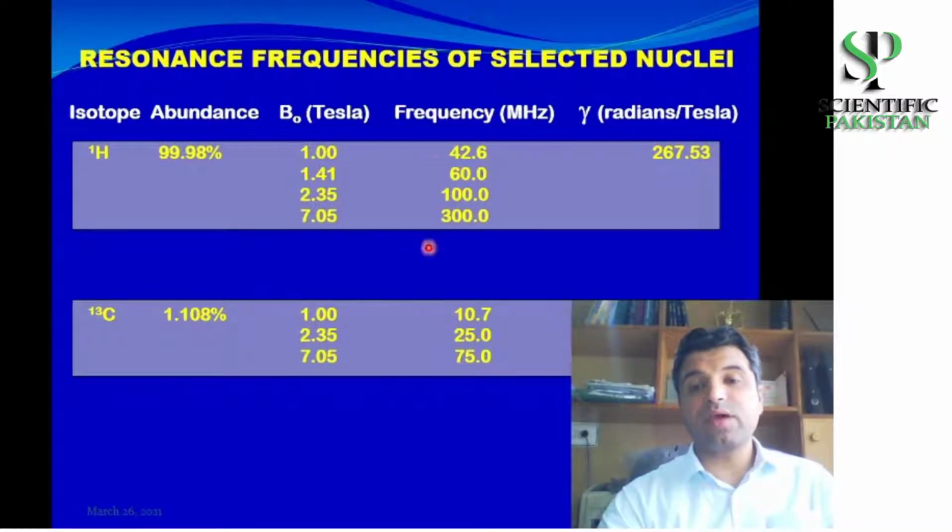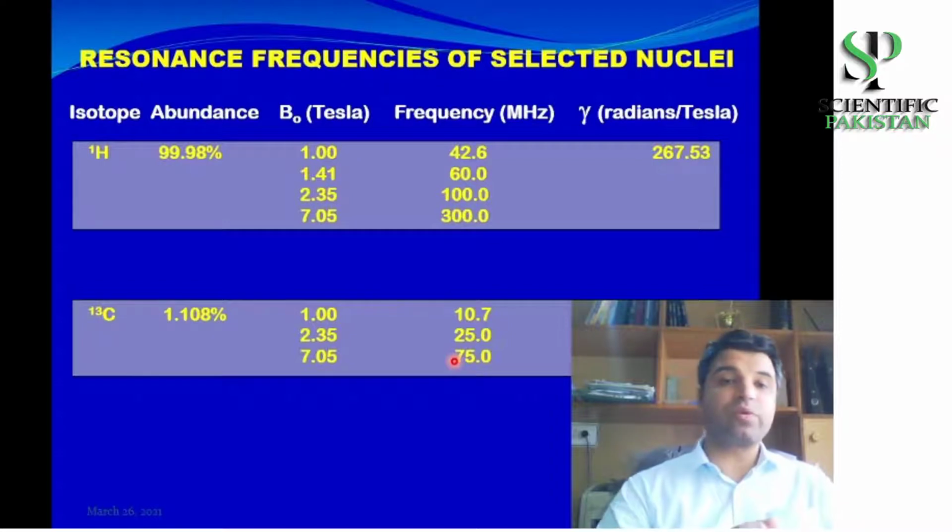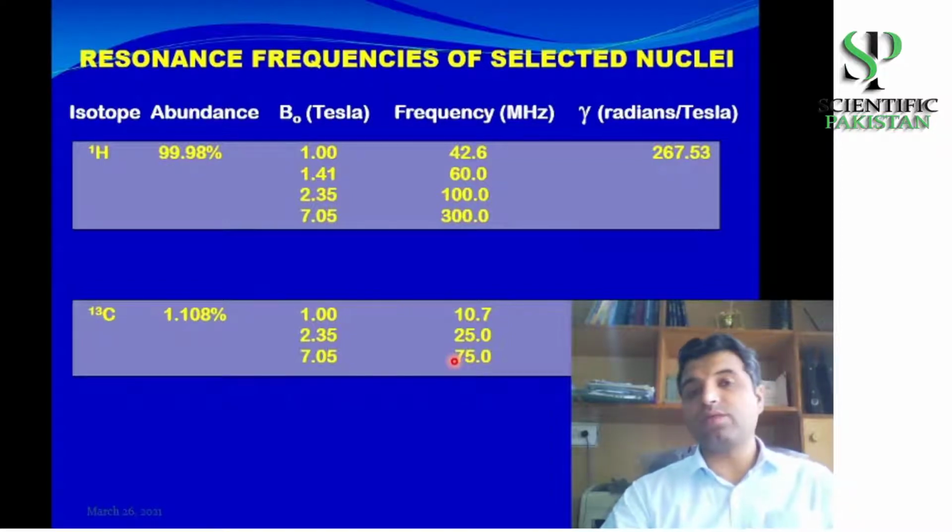Again, proton has a Larmor frequency that is almost 4 times greater than that of carbon-13 under the same magnetic field strength. At 7.05 Tesla, the Larmor frequency of proton is 300 megahertz, while that of carbon-13 is 75 megahertz. So again, there's a 4 times difference under the same strength of the applied magnetic field.